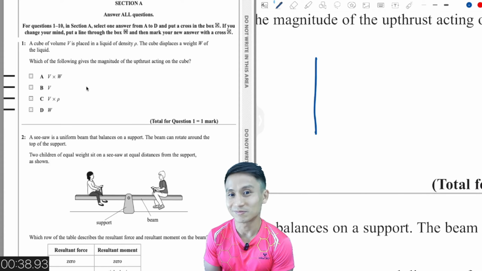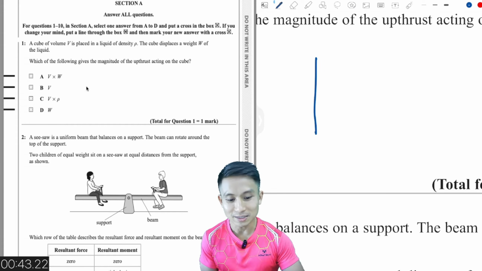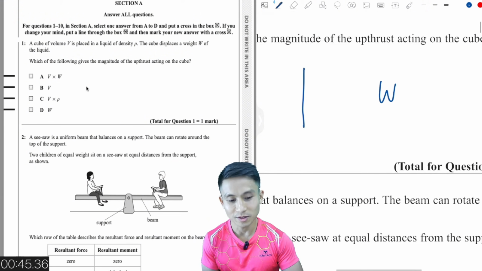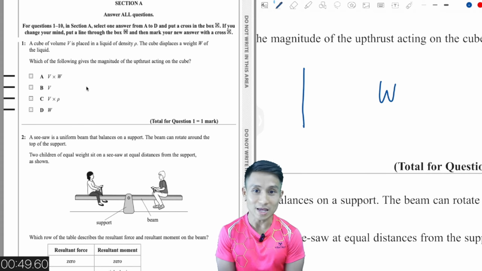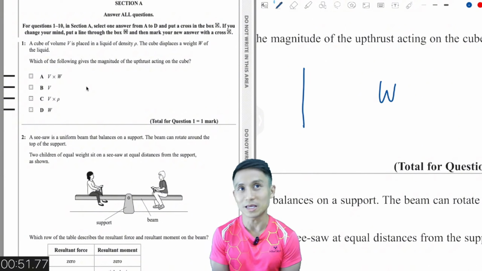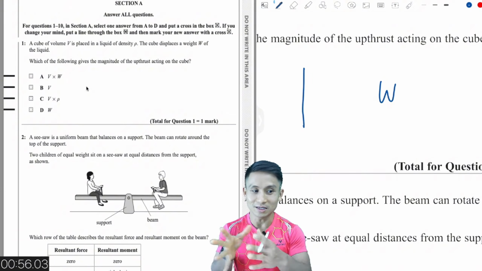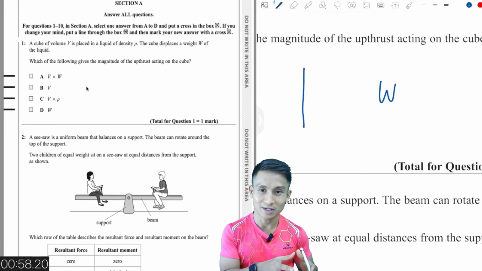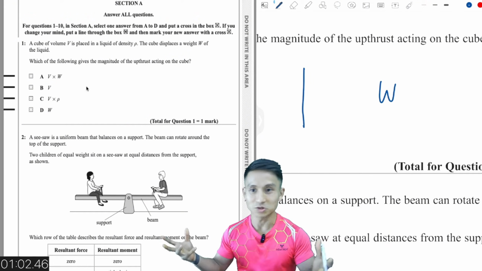So the cube displaces the weight W of the liquid, so that would be equal to the force of the upthrust, because upthrust is the weight of the liquid displaced by the object.